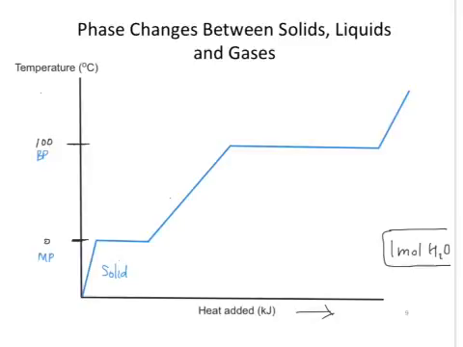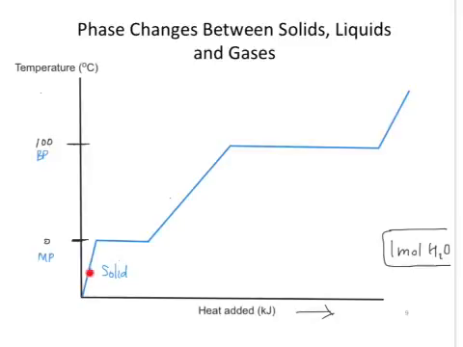As we add heat to the solid, we cause its temperature to increase. Notice that the slope of this line is very steep, and that indicates that it really doesn't take very much heat to cause a big temperature change for this 1 mole of ice. If you think about it, that really is going to correlate to the specific heat capacity of the ice, and we'll talk more about that in a moment.